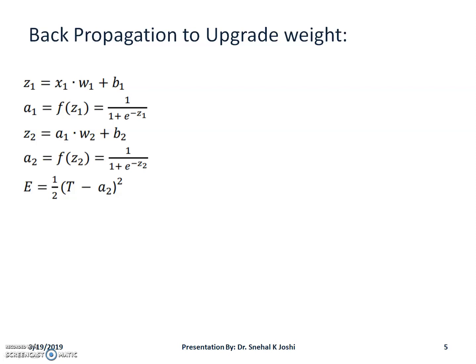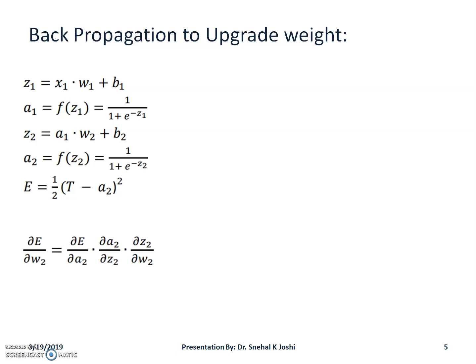Hence, to update the weight W2, we obtain the derivative of E with respect to W2. It is the chain product of the derivative of E with respect to A2, then the derivative of A2 with respect to Z2, and again the derivative of Z2 with respect to W2.